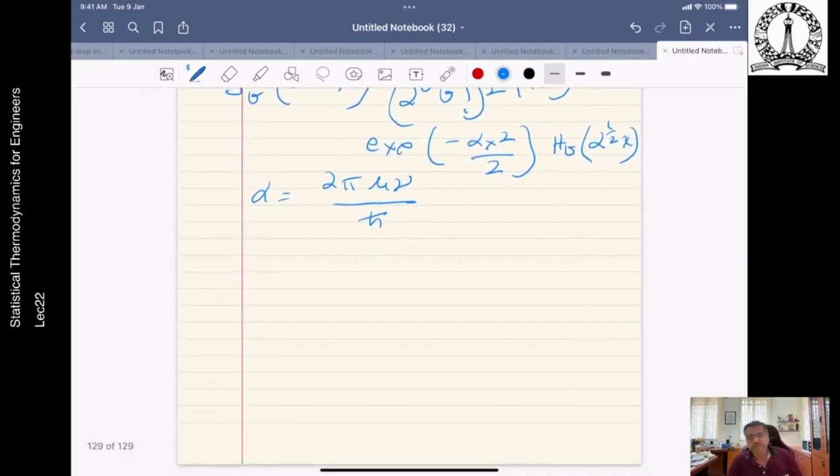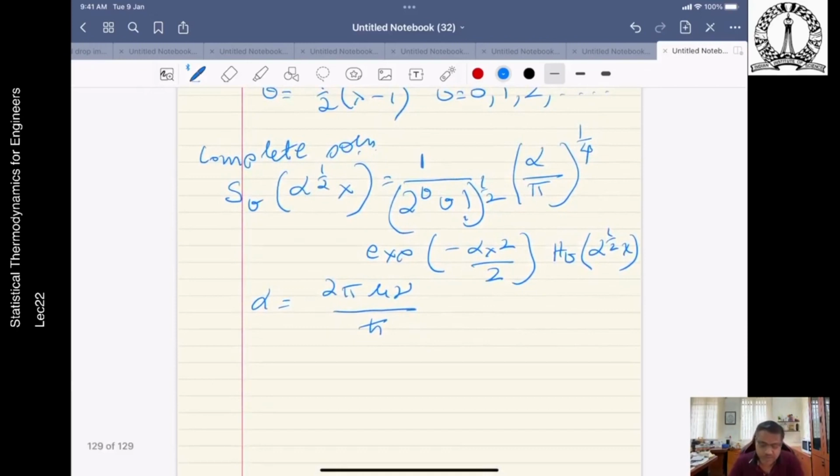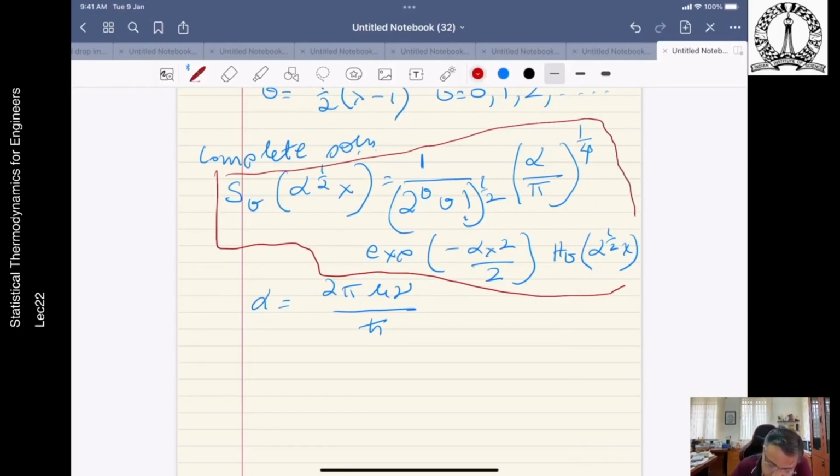So this is the total expression that you get, and this is the expression for your alpha.